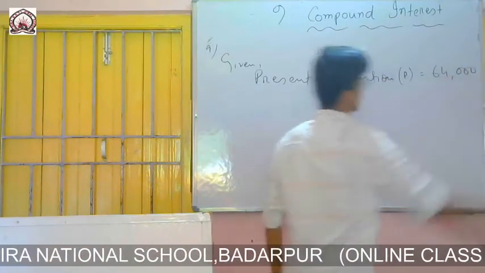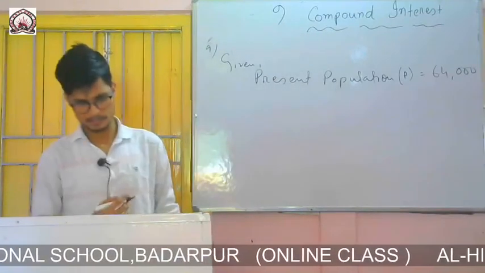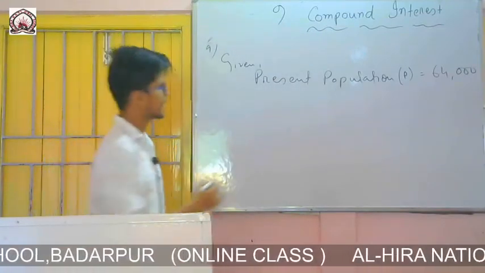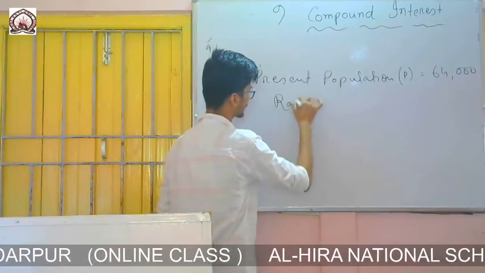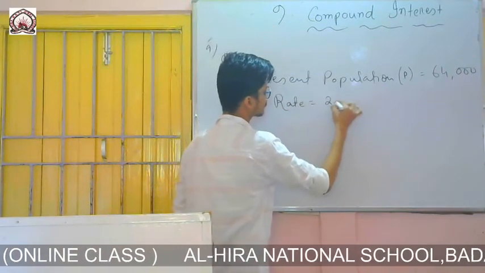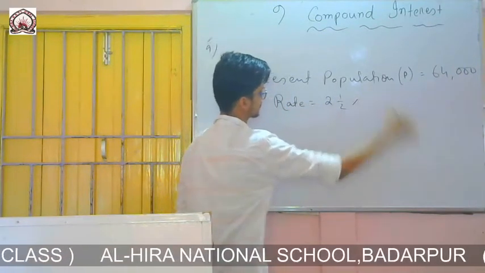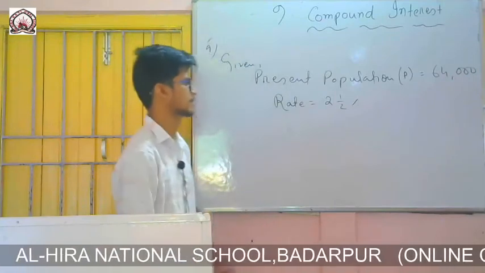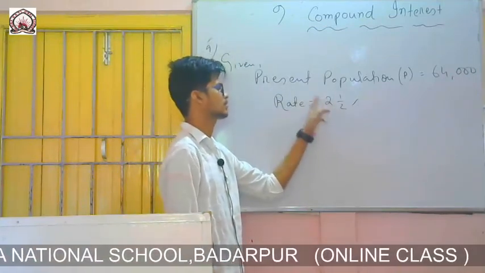Present population P equals 64,000, and the rate is given as 2.5%. Here it is growth, that means plus sign.